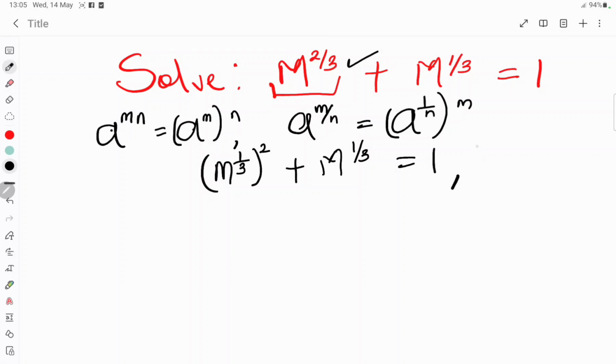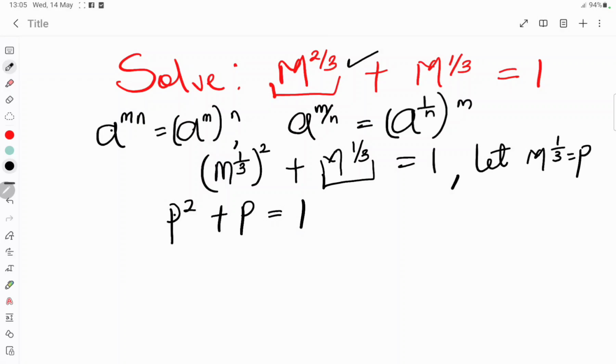So I can redefine and say let m power 1 over 3 be equal to p, so that I can decongest this a bit. So I can write it as p squared, since m power 1 over 3 is now p, plus p, because this is also m power 1 over 3, is equal to 1.